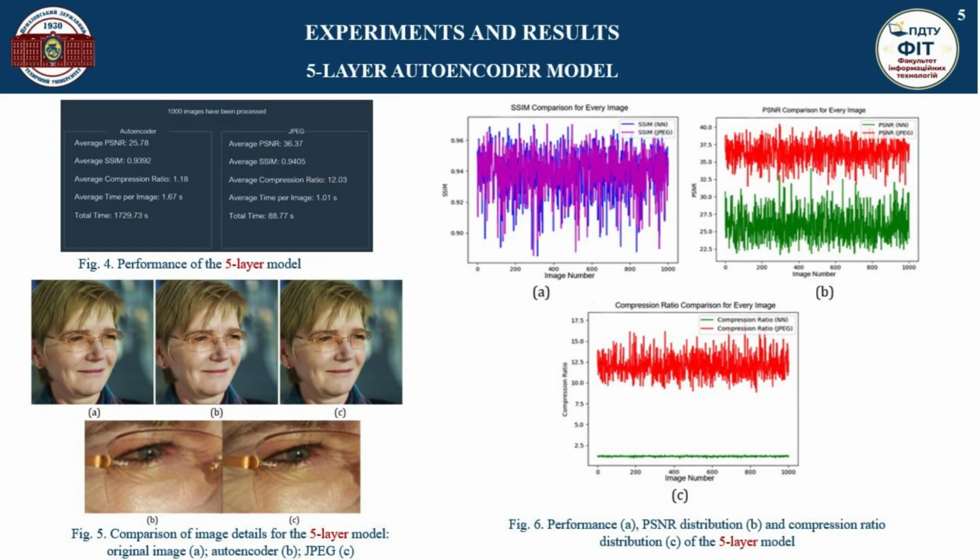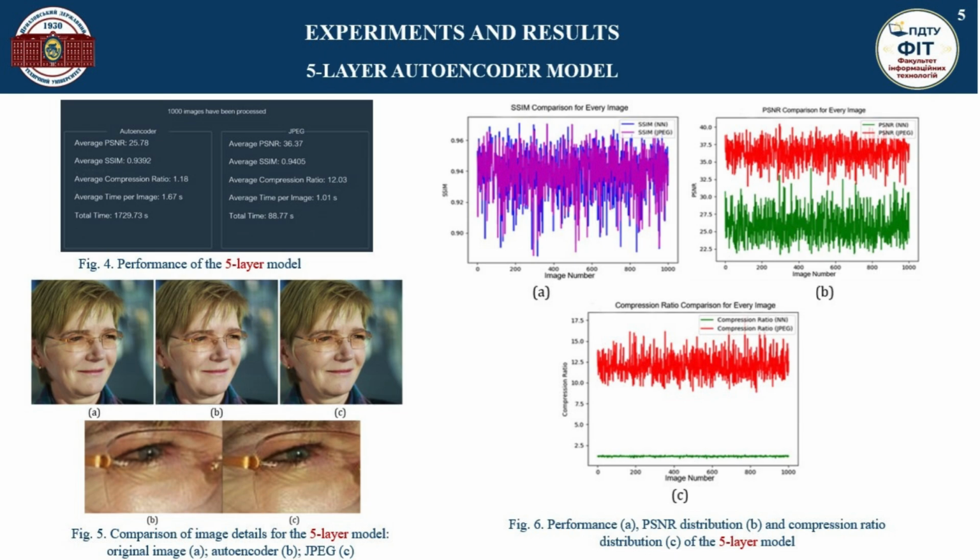Next, we evaluate the performance of the 5-layer autoencoder and compare it to JPEG, slide 5. This model achieves an SSIM of 0.93. This presents a slight decrease in image quality compared to the 3-layer model.